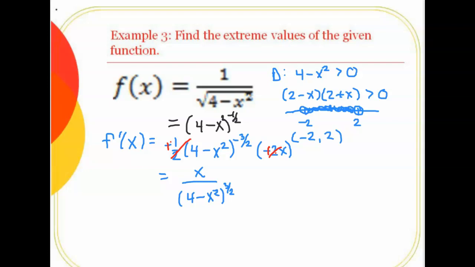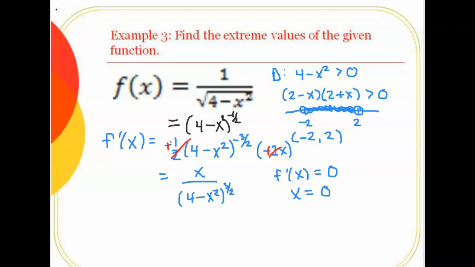So we know that critical points come from when f prime of x equals 0 or does not exist. Now that does not exist will be points at which the derivative does not exist. So f prime of x can equal 0 when x, or the numerator, equals 0. So our critical point is at x equals 0.